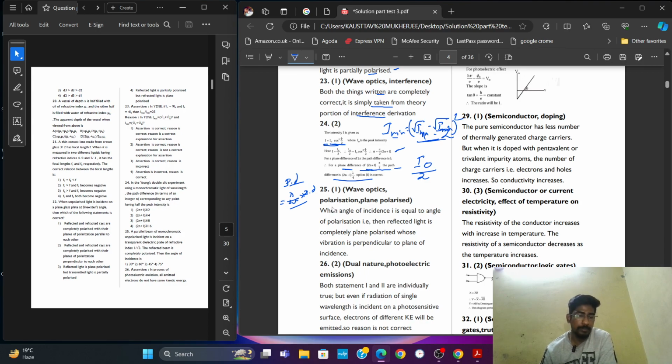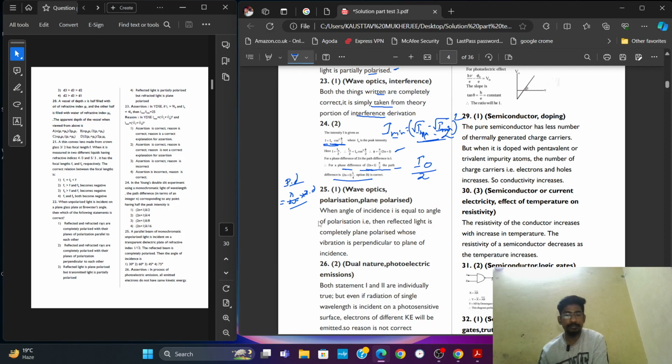Question number 25. A parallel beam of monochromatic unpolarized light is incident on a dielectric plate of refractive index root 3. The reflected beam is completely polarized.